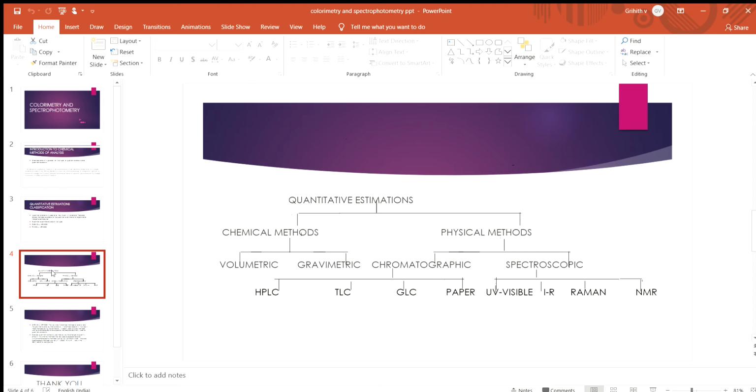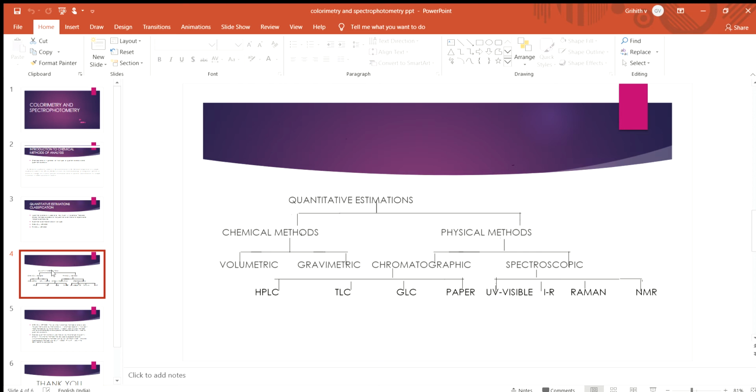But before going into that, I want to tell you what is this quantitative chemical analysis. Under chemical methods of analysis, we have volumetric methods of analysis and gravimetric methods of analysis.